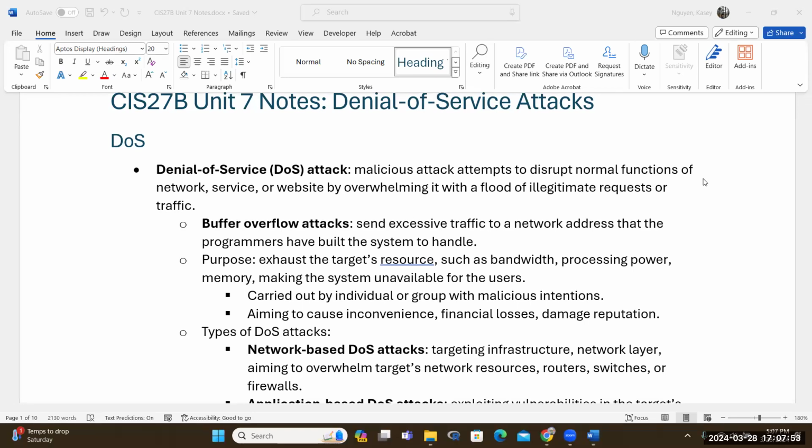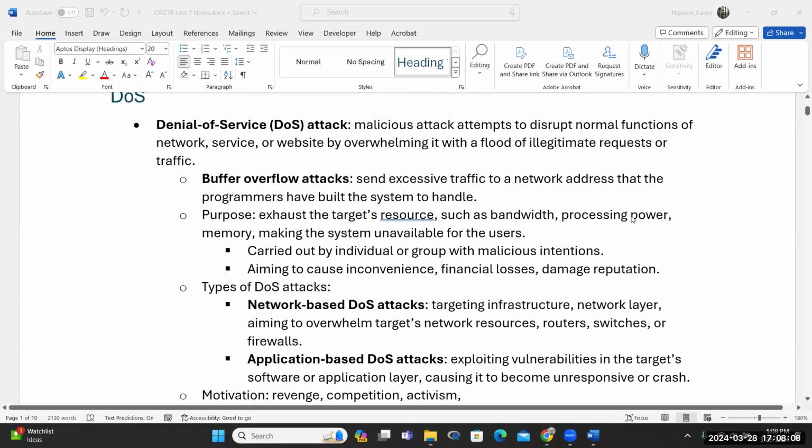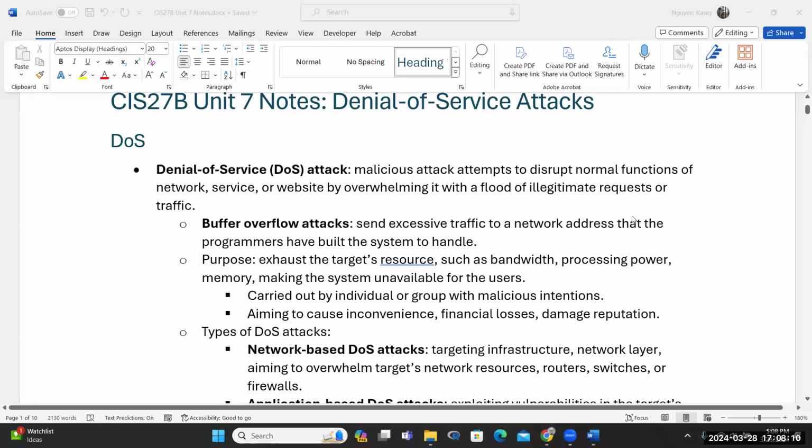I did pull some recent material researched by Microsoft to share with you, because the things you need to know need to be more current, since a lot of the denial of service concept has been around for a long time. So we'll talk about different types of attack and the difference between distributed denial of service compared to regular denial of service. With this, we'll be able to do the Unit 7 assignment.